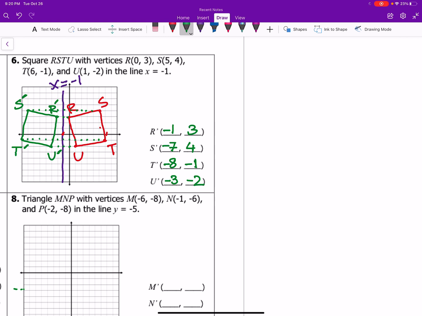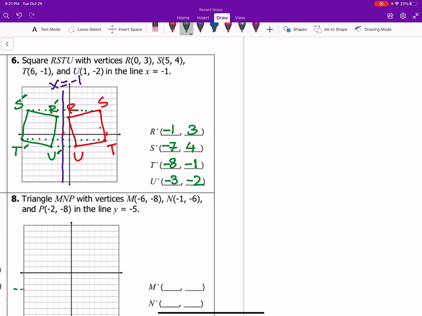So we get our T prime. We join those points and get S prime, R prime, U prime, T prime, which is the image that maps RSTU through the line x equals negative 1.